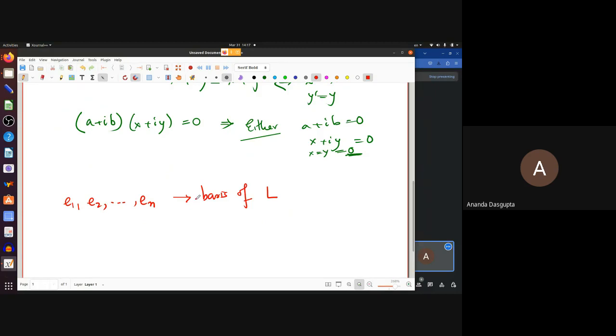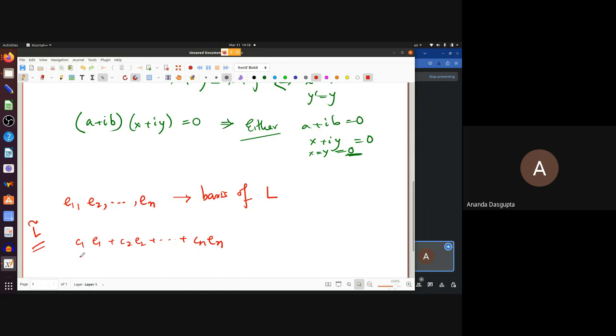Now every element will be of the form E1 into something plus E2 into something. Will every element of L tilde be of this form? The C1, C2 up to Cn are real numbers. Every element of L will be of this form.